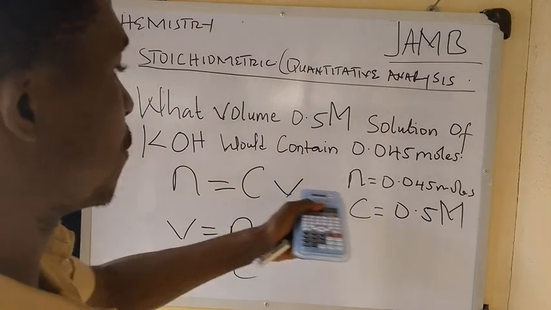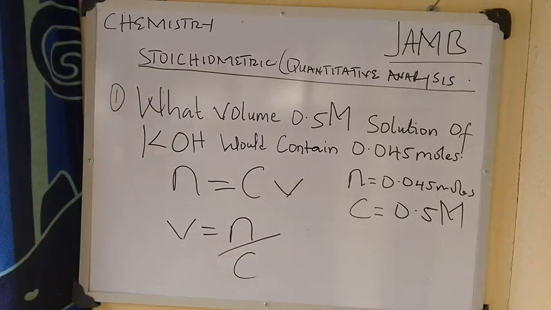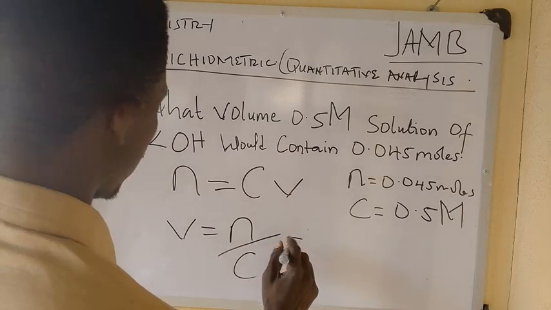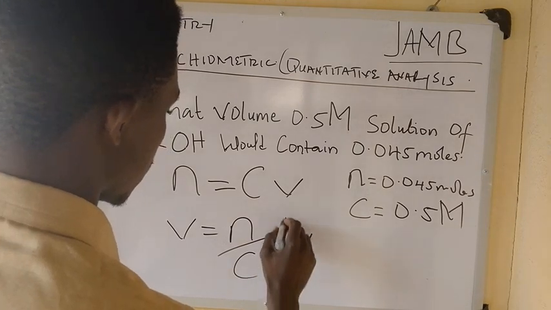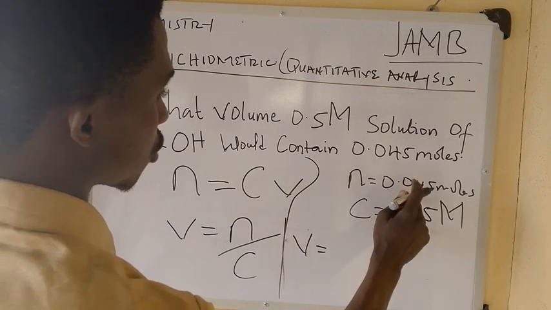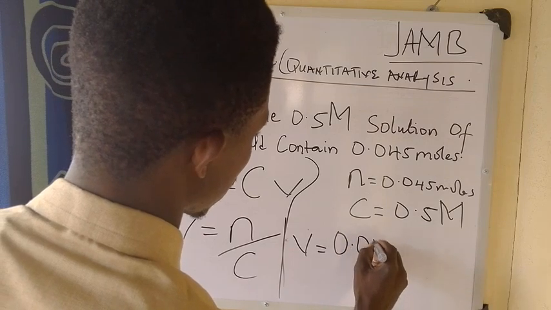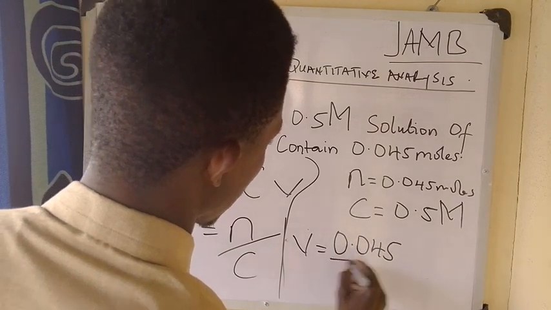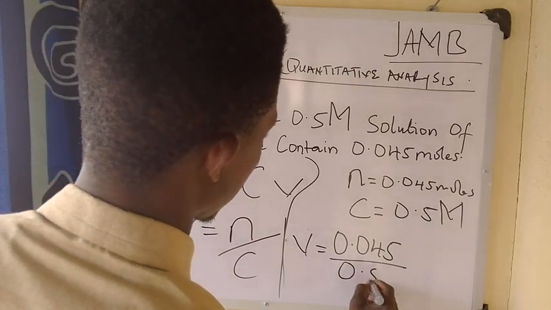So let's input it into this formula now. Volume V is going to be amount over concentration. What is your amount? 0.045. What is my concentration? My concentration is 0.5.